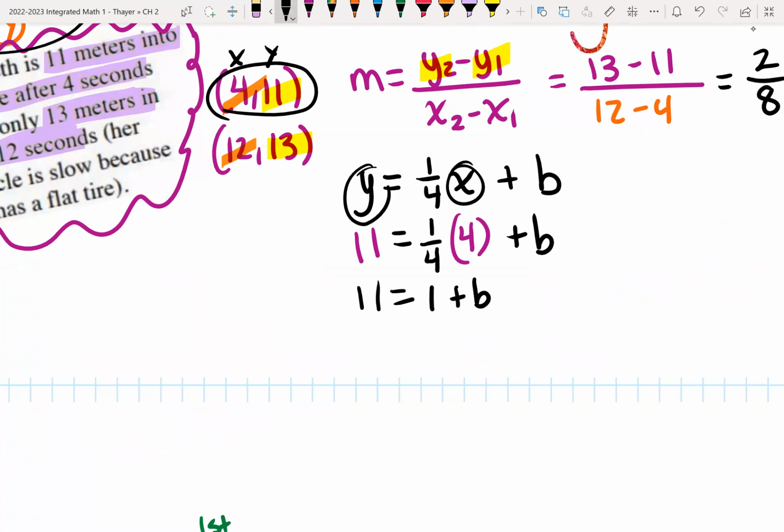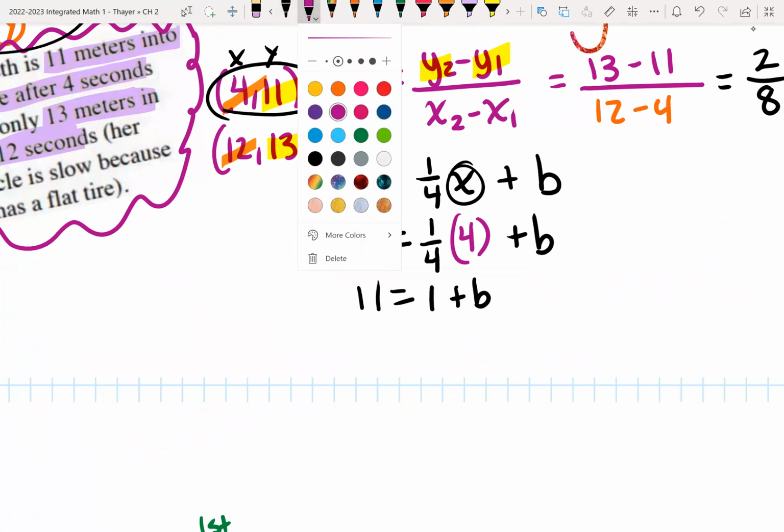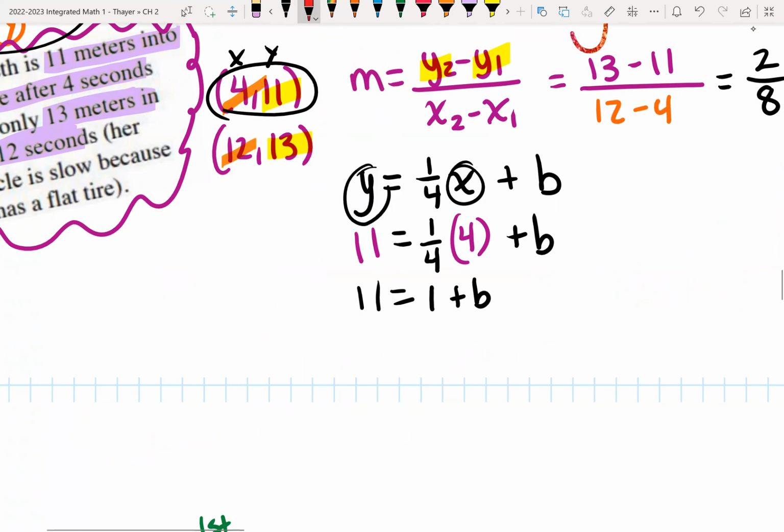And when we solve for b by getting rid of that 1 next to it, we've got b equals 10. Now we have all the information we need for Elizabeth's equation. It's the slope of 1/4 and a y-intercept of 10.